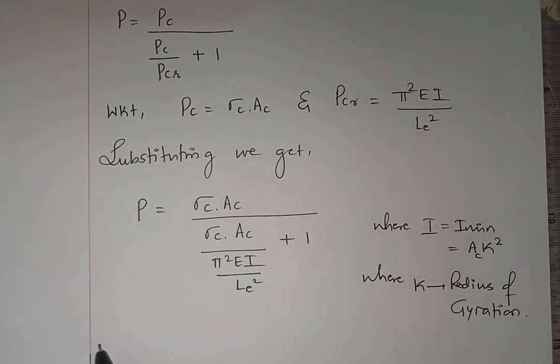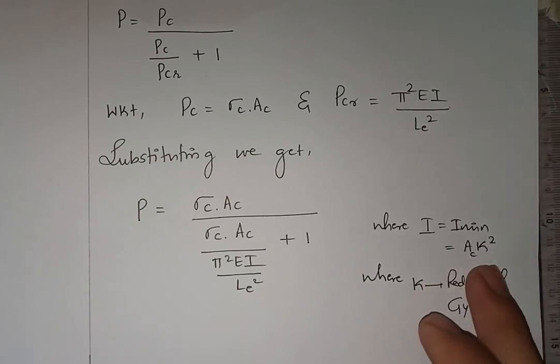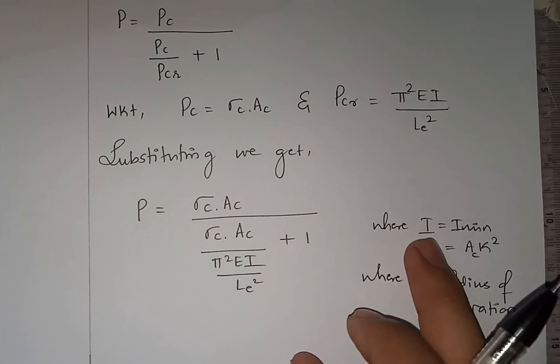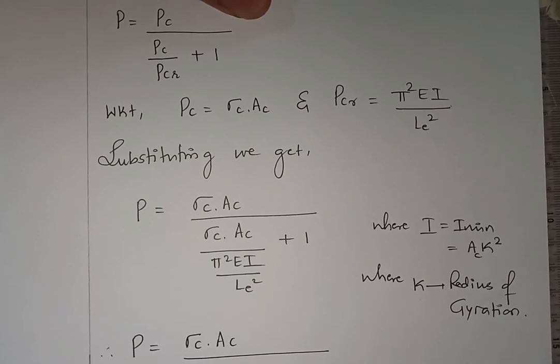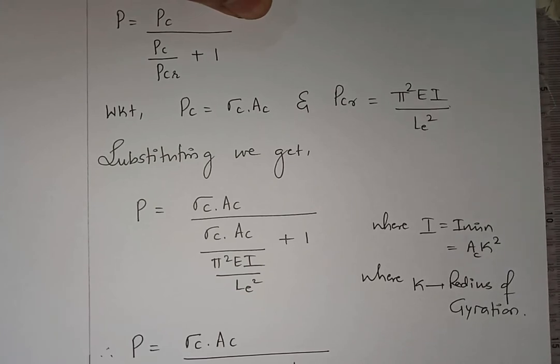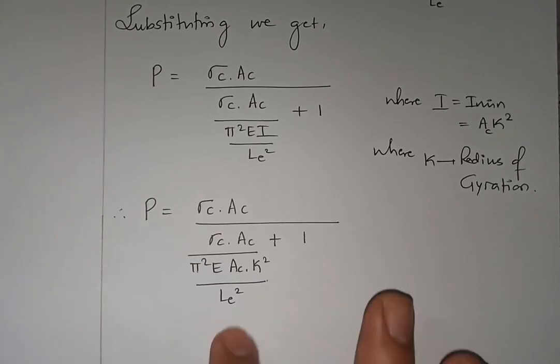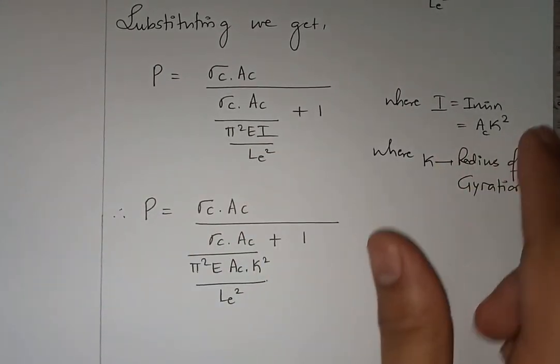So I will be substituting the value of AC into K square, that is the value of I, in this formula. Let me check what I'll be getting. Therefore P is equal to sigma C into AC divided by sigma C into AC divided by pi square E, with the value of I being AC into K square, divided by L effective, the whole square, plus 1. Right? So this is the value I get if I put I is equal to AC into K square.